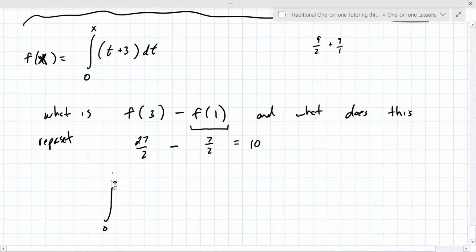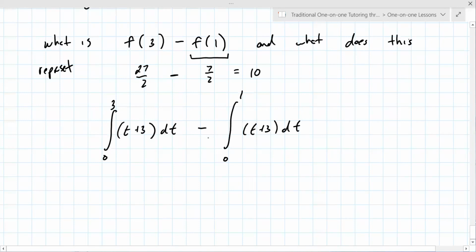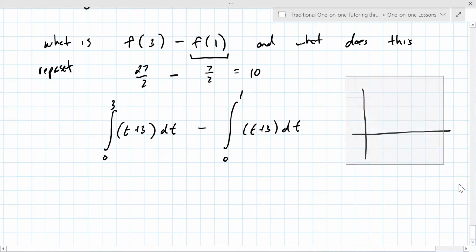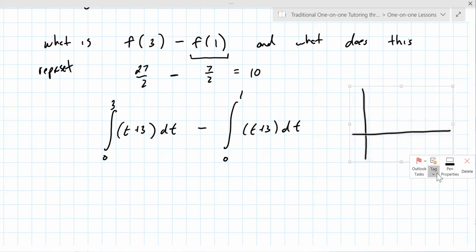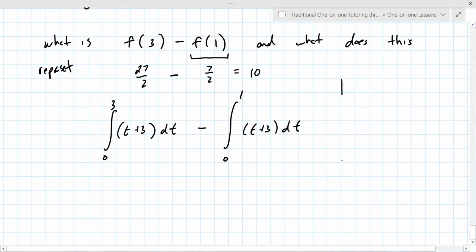Okay, so let me write it out here before I let you get much further so you can see. Okay, so this is what you just did. The graph doesn't matter, but I guess for this one we could make it kind of nice. So t plus 3 from 0 to 3 looks like this.